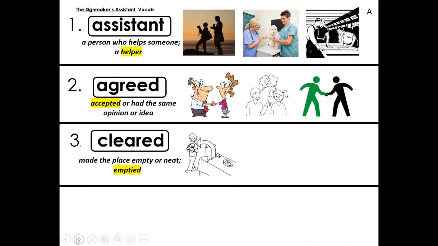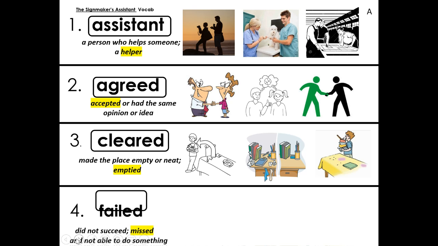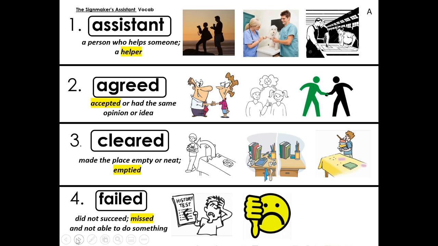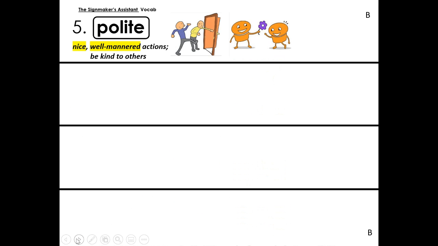Emptied, I highlighted emptied as a synonym. Number four, failed, did not succeed, missed, and not able to do something. Again, the synonym is missed. Number five, polite, nice, well mannered actions, be kind to others.